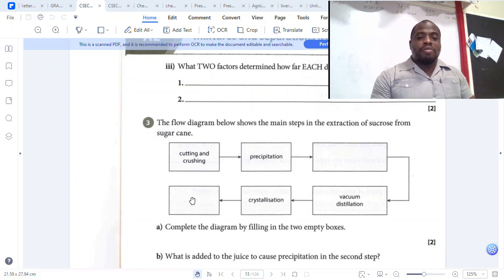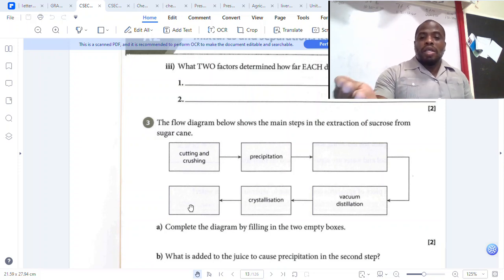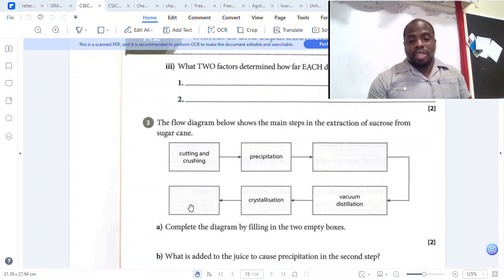Crystallization also helps with the removal of more of this water, and then centrifugation is spinning the contents at high speed, and it uses centrifugal force to remove the solid portion from the liquid portion. And so that liquid portion, in various different steps, we get bagasse. Bagasse is actually used back in the process to help by providing heat, so that will help with the distillation or the process of evaporation.